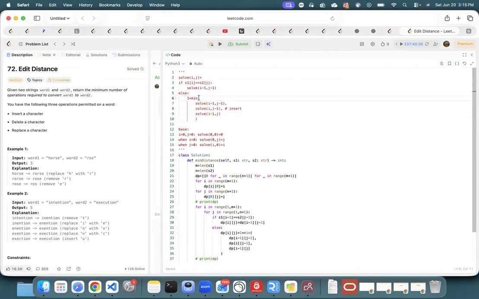Otherwise, I have three possible cases. Since the operation cost is one for all, just take one for all and then the minimum of all the possible things. So this will be one plus the replace case.